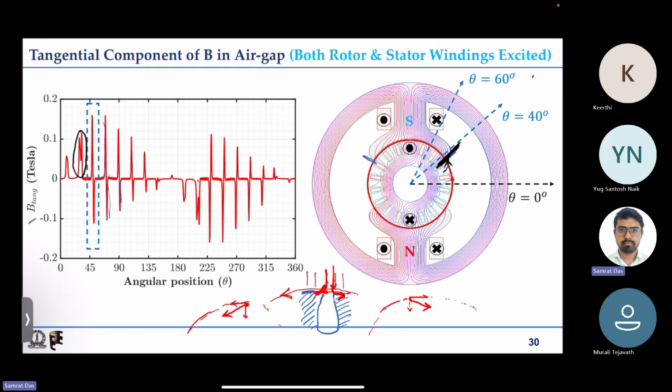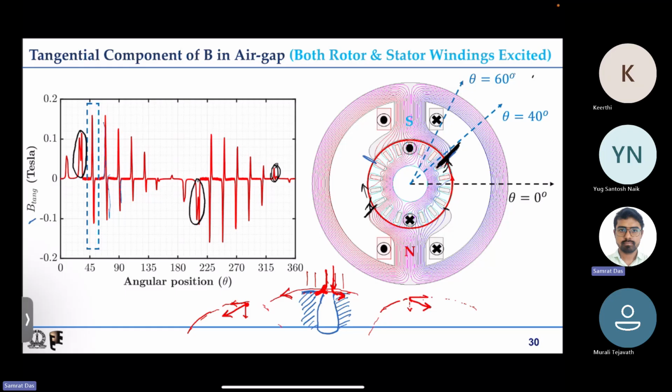Similarly, you can look at here also, this portion. The flux lines tend to come out of this pole like this, and that is why if you take the two components, radial and tangential, there is a clockwise component of the tangential. That is why it is negative. And on the other side of the pole, it is only positive. And why is the magnitude weaker?